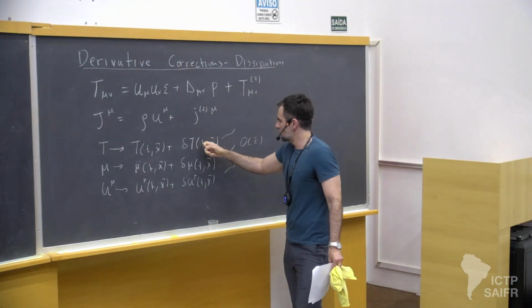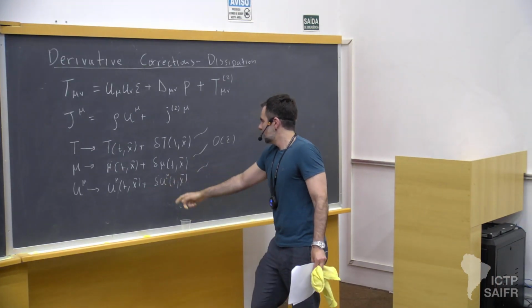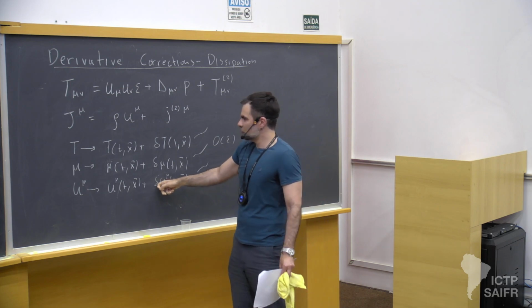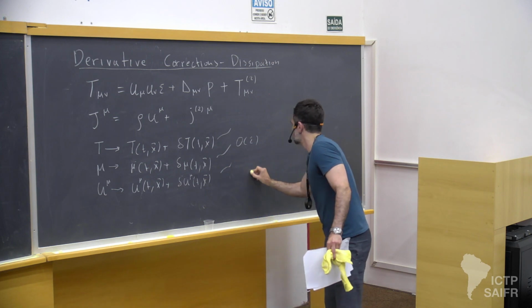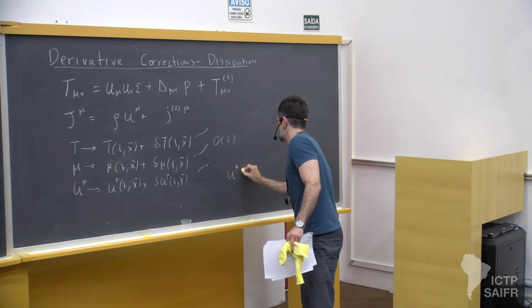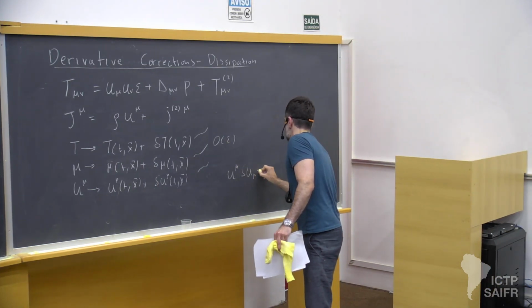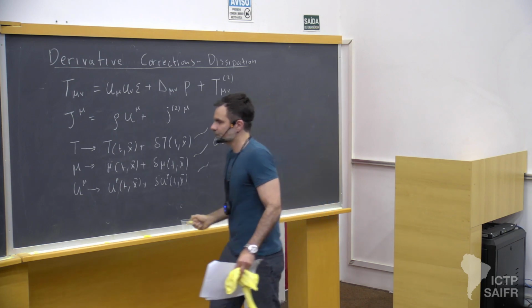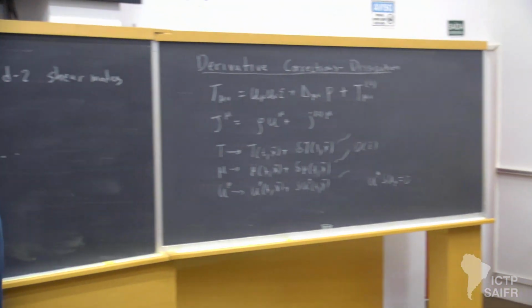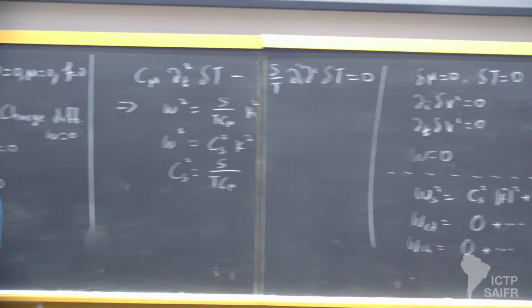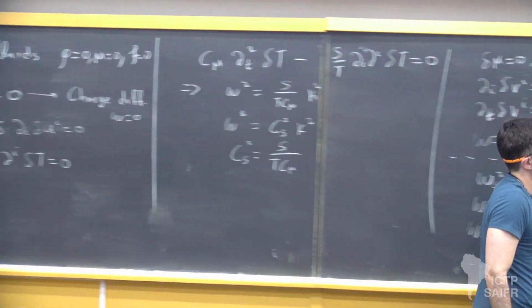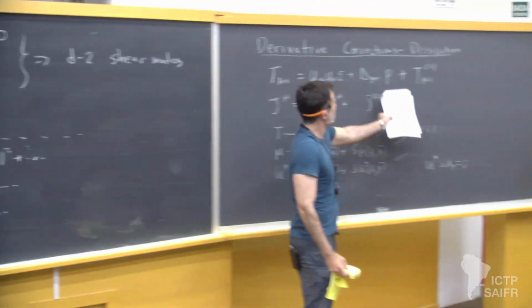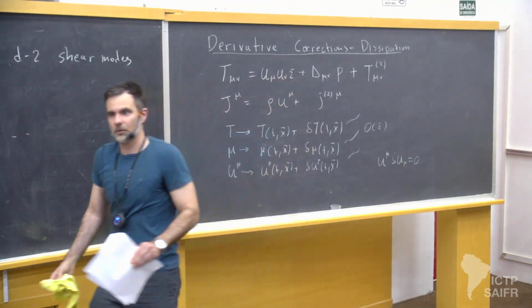I have 1, 2, and since this will always have to be a norm 1 vector, I always have this condition on whatever transformation I can do. And so I need to fix d plus 1 conditions in order to give you some meaningful definition about these corrections. Okay?